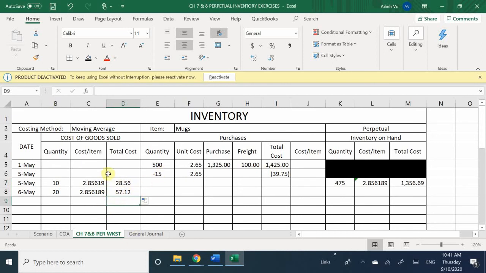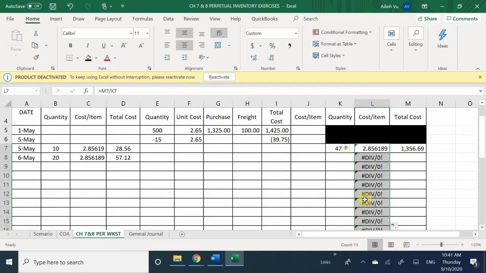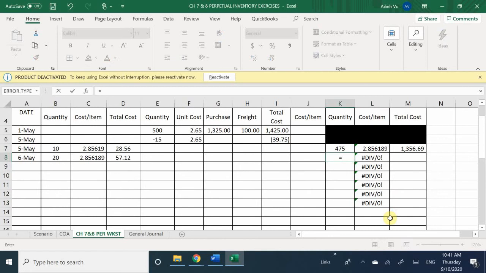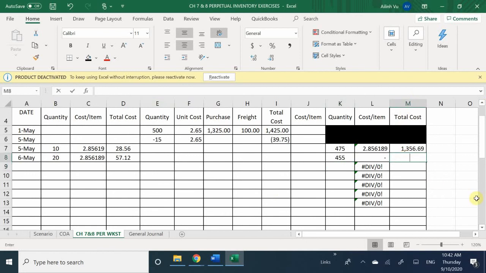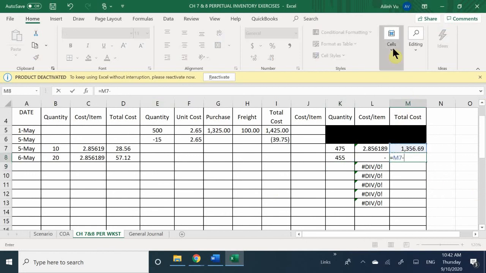All right. Okay, so let's go ahead and update our inventory. So you want to subtract 20 from the quantity of 475? Oh, excuse me. Let me undo that real quick. Okay, so we're going to take our quantity of 475 and subtract the 20 items we sold. And we're also going to update our total cost. So we have to subtract $57.12.